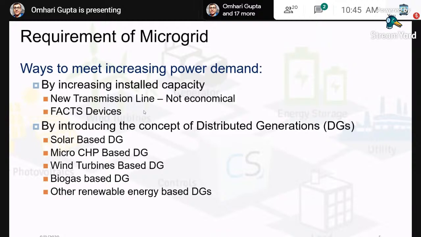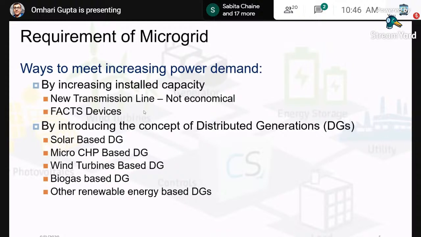So that waste can be utilized. So that will be a proper place. So biogas based DGs can be installed close to the load centers, no problem. Similarly, there are several other renewable energy based DGs. So these are the preferred DGs. It is not like that you have to install only these kind of DGs.